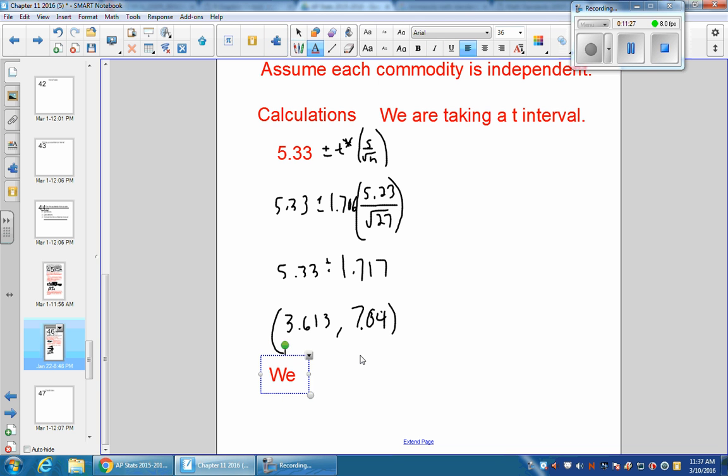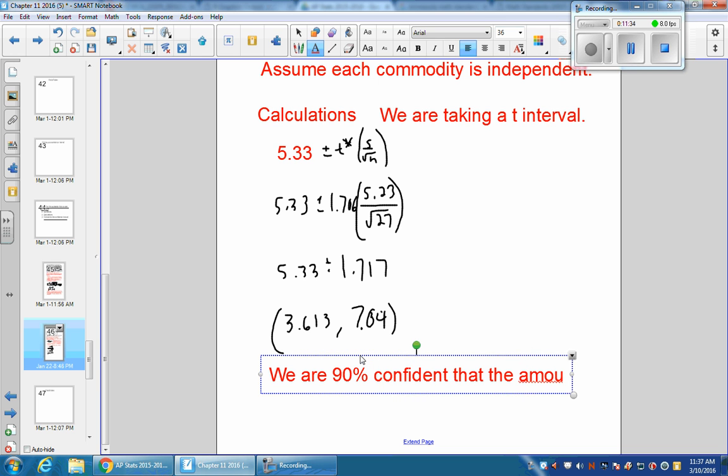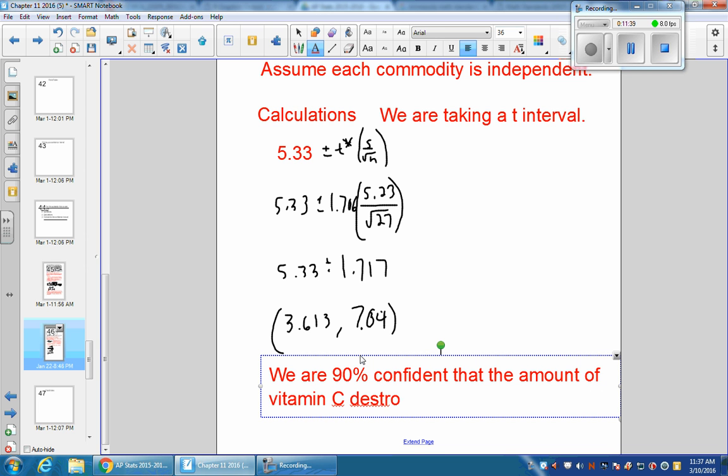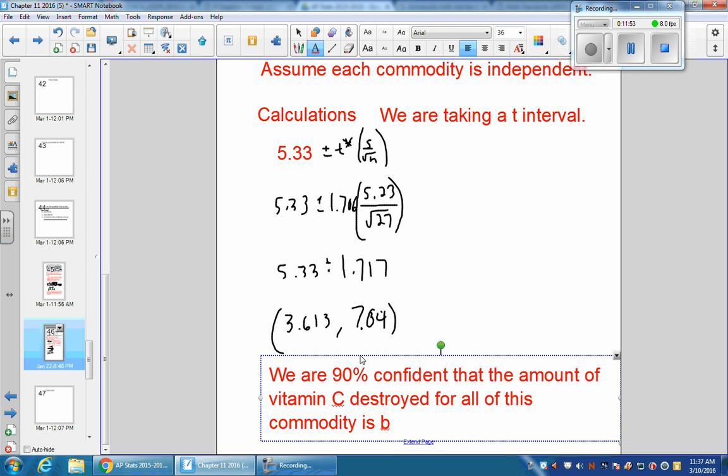So we are 90% confident that the amount of vitamin C destroyed for all of this commodity is between 3.613 and 7.04. All right, hopefully you can do it on your own.